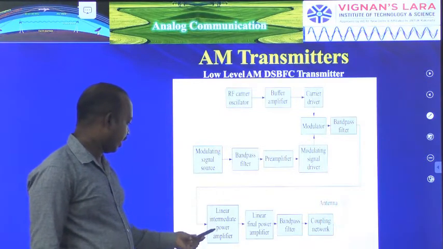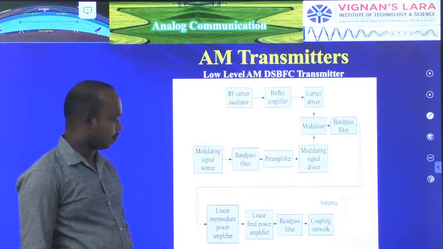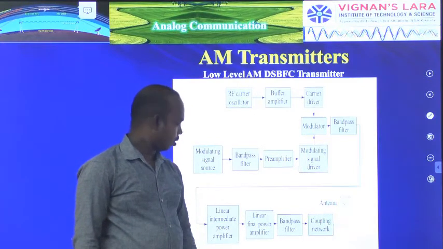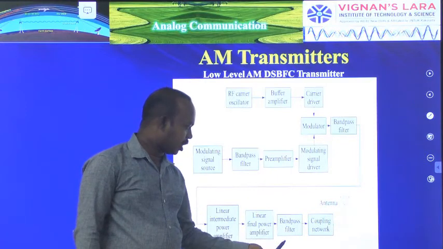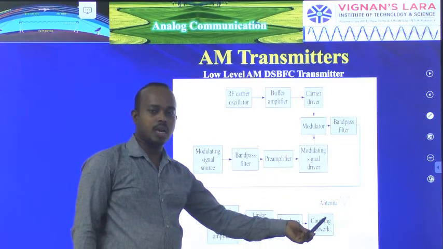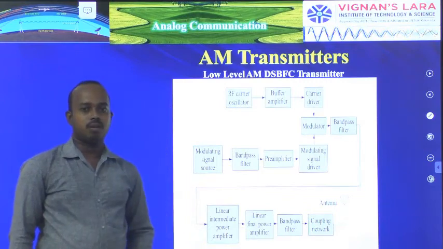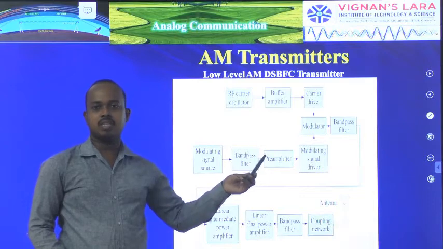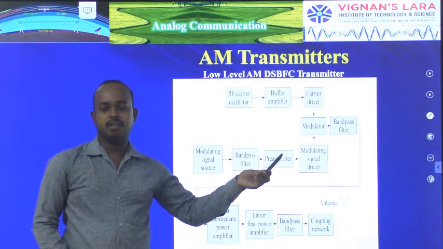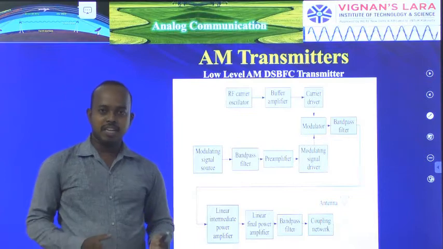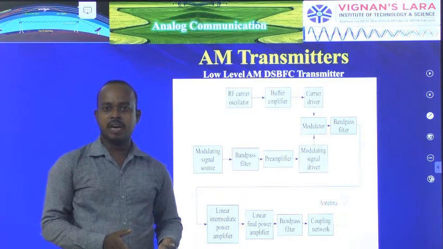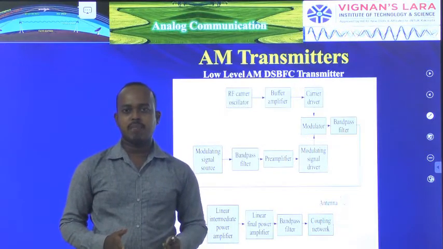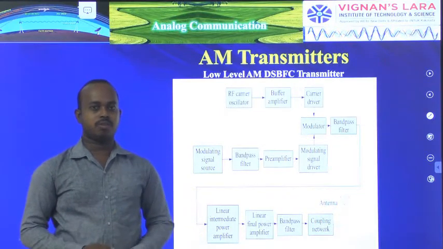After that we use a linear intermediate power amplifier, a linear final power amplifier, band pass filter, and coupling network. DSB-SC means double sideband suppressed carrier, which we already discussed in previous topics.